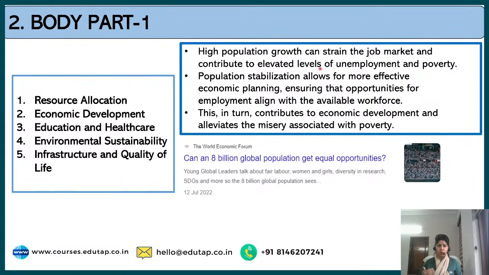So this in turn contributes to economic development and alleviates the misery associated with poverty. This was covered by the World Economic Forum. It's an old essay, but it does cover a great deal about whether an 8 billion global population can get equal opportunities. So it is not just in context of India, it is in context of the other countries as well, the global population as a whole.